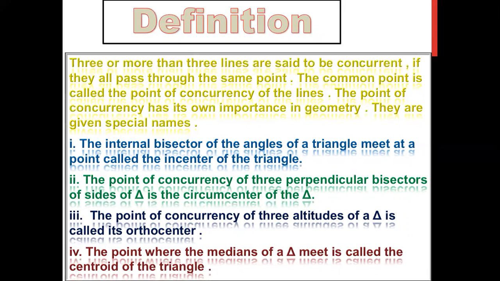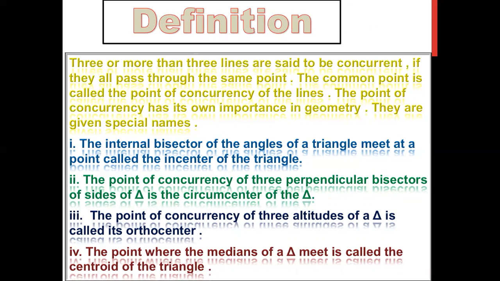According to the triangle and the elements of the triangle, when we draw the perpendicular bisector, altitude, angle bisector, and the median of the triangle, they meet at one point, because a triangle has three medians, three angle bisectors, three perpendicular bisectors, definitely. Their points of concurrency have different names.